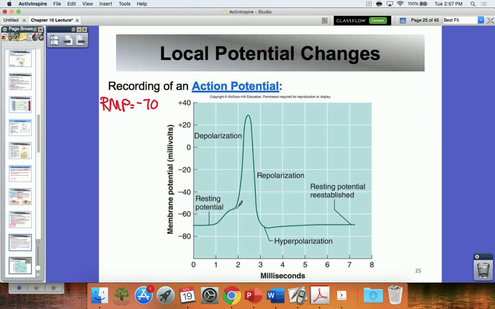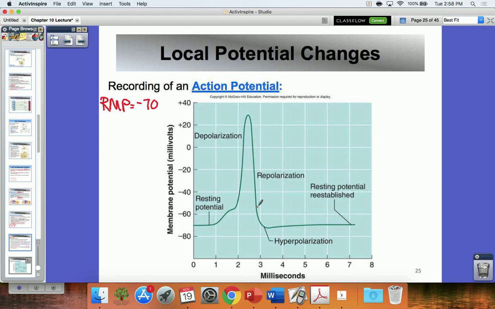And if you notice, right at this point is when that action potential happens, and we have this extreme peak of depolarization. It depolarizes, meaning that we're going closer to zero. We actually go a little bit farther than zero, and it starts to do what we call repolarize, which means that we're going back to having a negative charge.